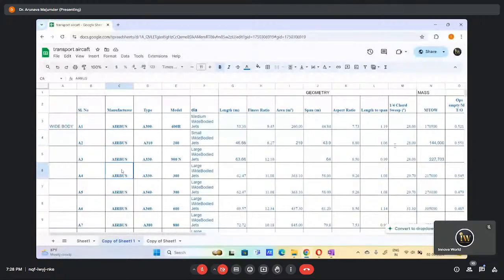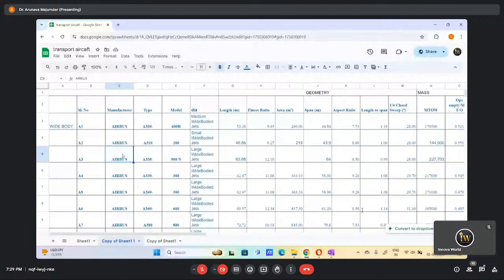If this is the length, this is the fitness ratio, this is the area, span, and this kind of data is given, identify the name of the company. So different independent variable values are given to you, and you need to identify the company name. Of course it is categorical data, a categorical outcome, and for that you need to apply classification. So your model should be in the classification category.